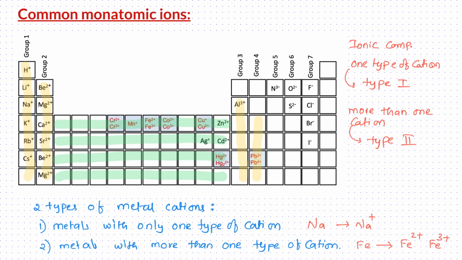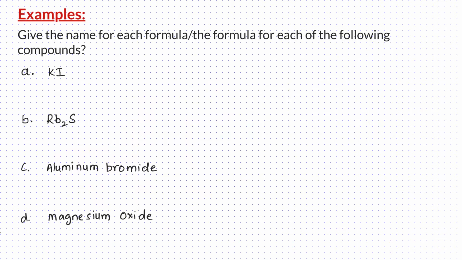The examples that we discussed earlier, that is sodium chloride and aluminum oxide, are type 1 ionic compounds. Let us discuss a few more examples of type 1 binary ionic compounds. The question is, give the name for each formula or the formula for each of the following names.